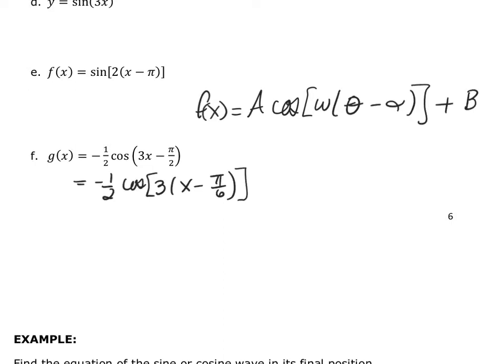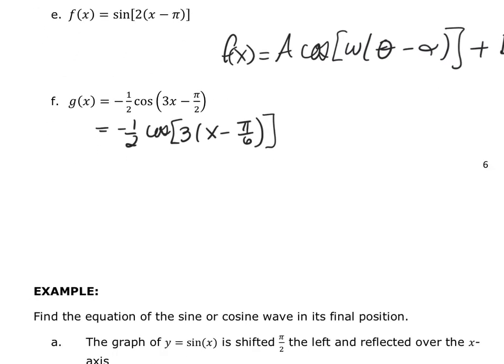Now I can actually talk about the phase shift correctly. Until I make that coefficient on my angle 1, I can't talk about the phase shift. I can always talk about what the period is based on that coefficient on the angle. Now my angle is x. Could have been theta, but it's x. So the first thing I'm going to do is this one here.